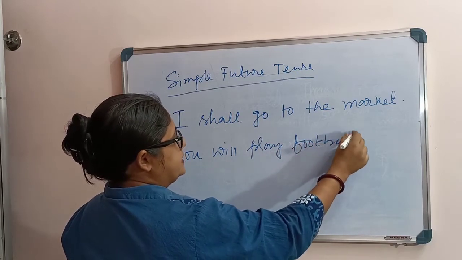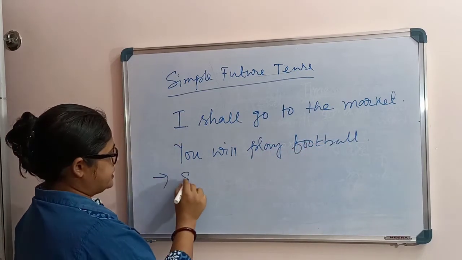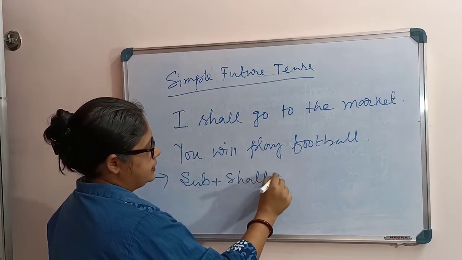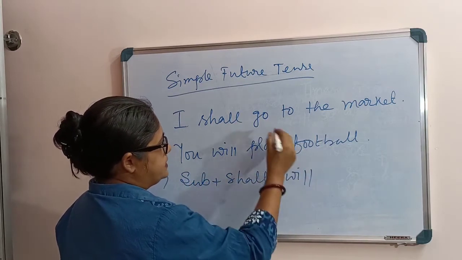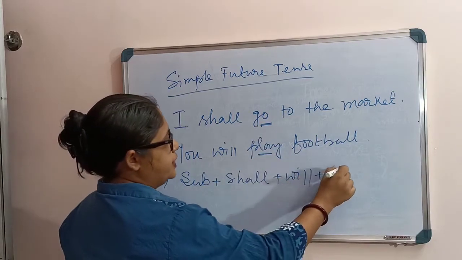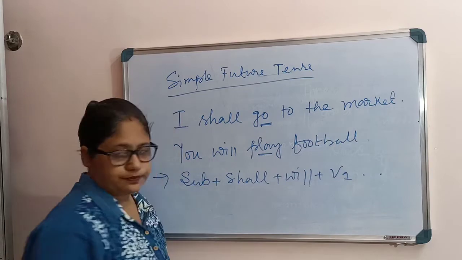So in both cases we find the sentence structure as subject plus shall or will, and base form of verb everywhere, that is plus V1, and then whatever.